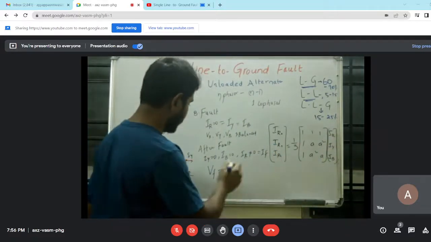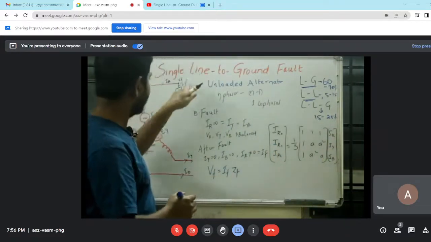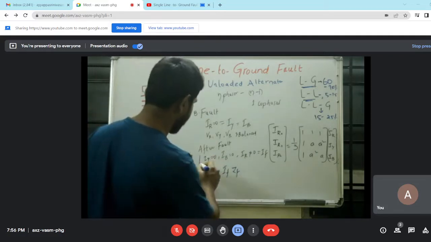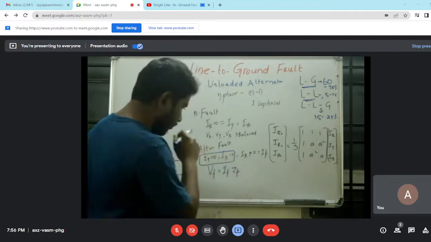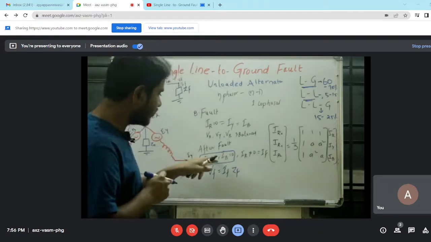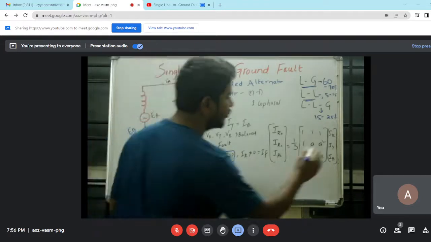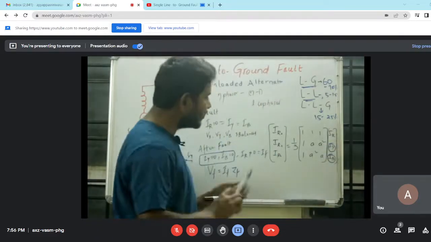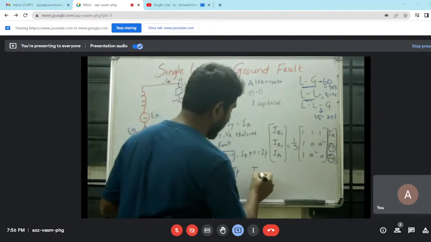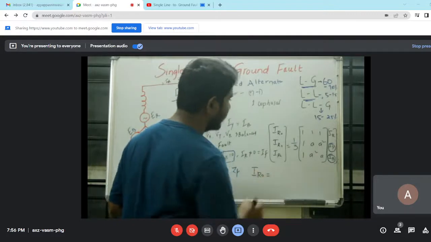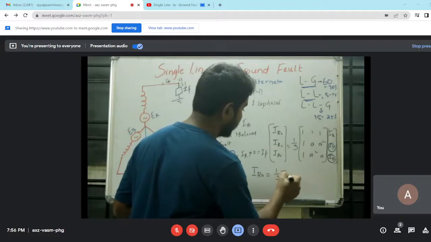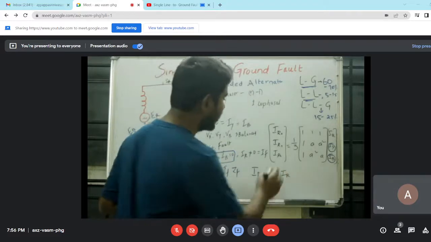Now in the fault condition, that is line to ground fault, IY is equal to 0 and IB is equal to 0. So you put this as 0 here and this as 0. After doing so, IR0 will be equal to 1 by 3 times IR.